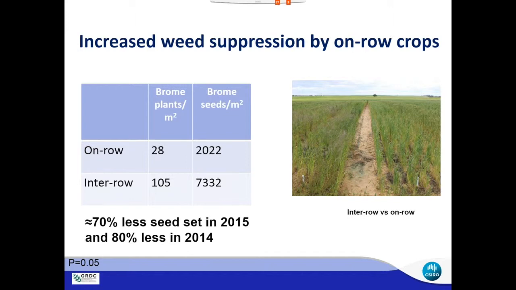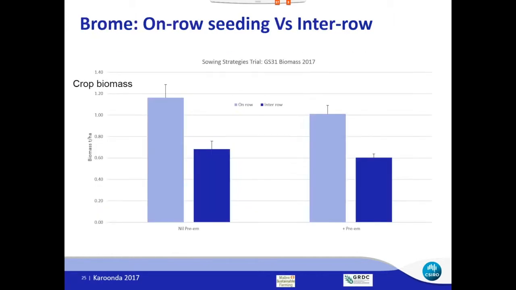So that's happened in 2014, 2015. In 2016, because it was so wet and long, the late brome was able to carry through to set seed, so we didn't see such a big difference. But these are some quite big figures, and we're seeing some big differences this year as well.